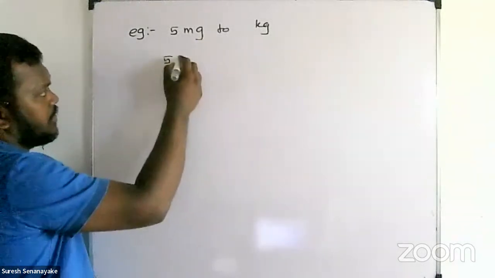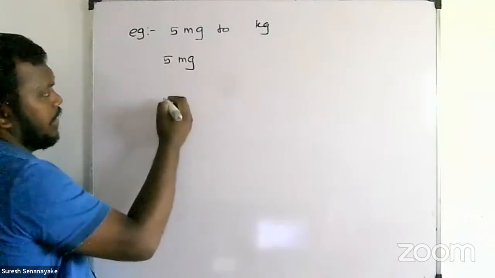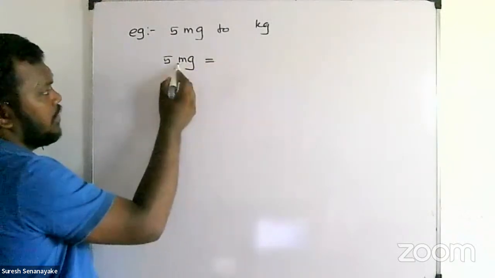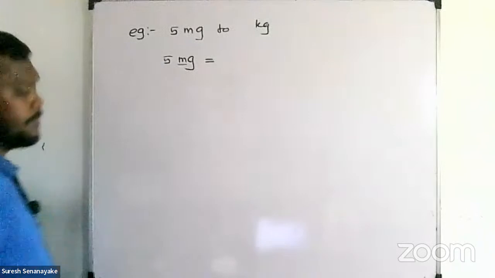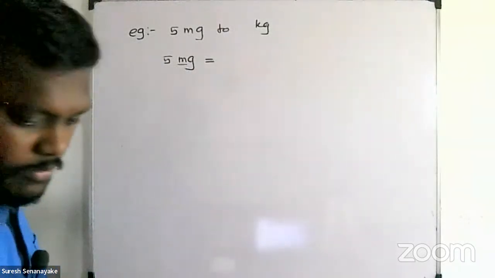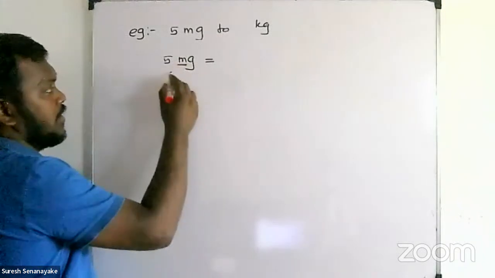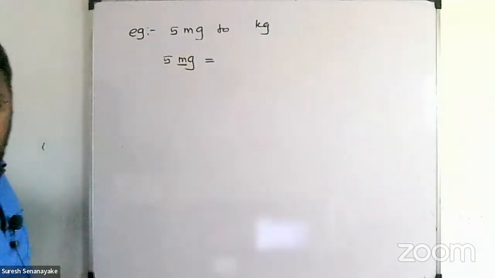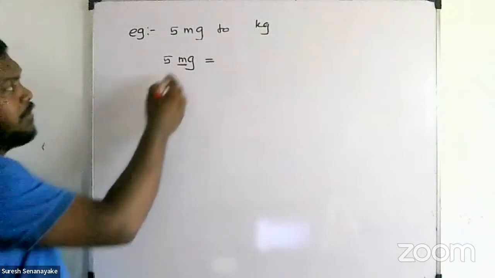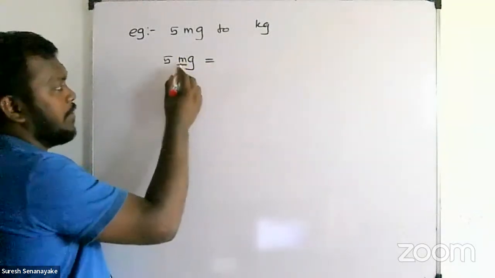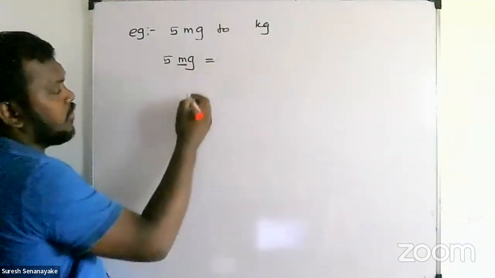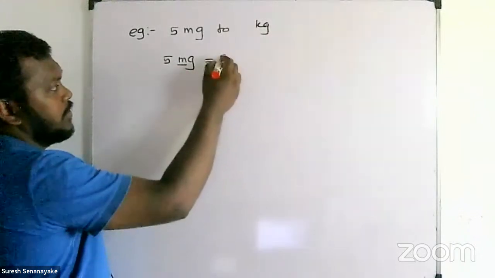First, you write 5 milligrams. Then there is a multiple factor, milli. Milli means 10 to the minus 3, and you already know that.